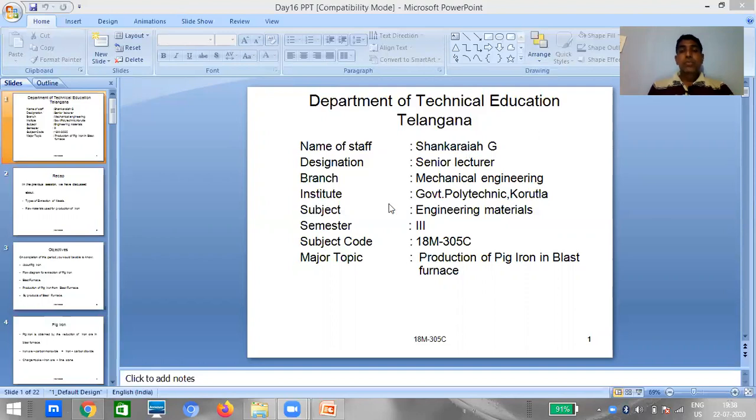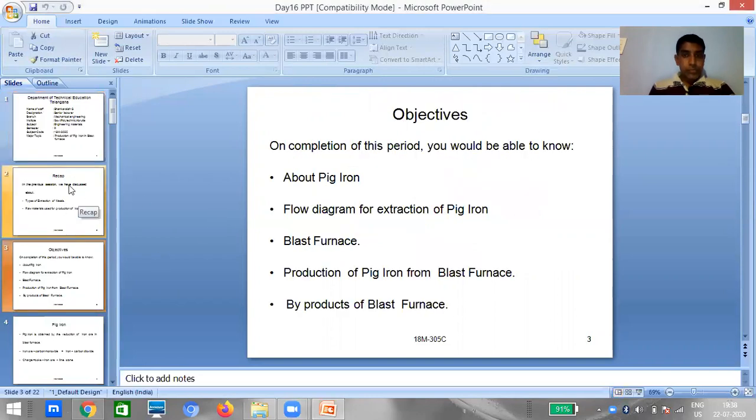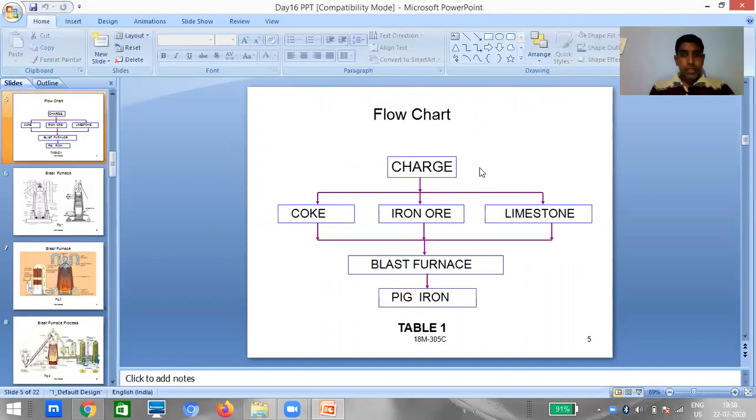That means, what are the raw materials we have discussed? We are having iron ore and limestone. And next, we are having one reducing agent. Okay, what is that one? You are having a reducing agent. If you see, iron ore, limestone and coke.